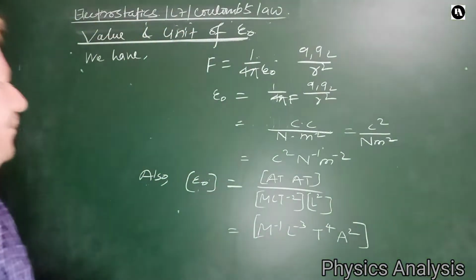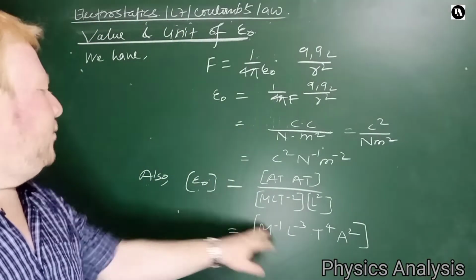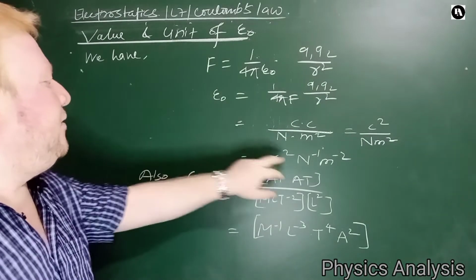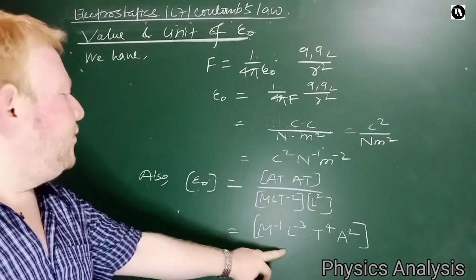So this is the dimensional unit of epsilon naught, and this is the SI unit of epsilon naught. This is the dimensional unit of epsilon naught.